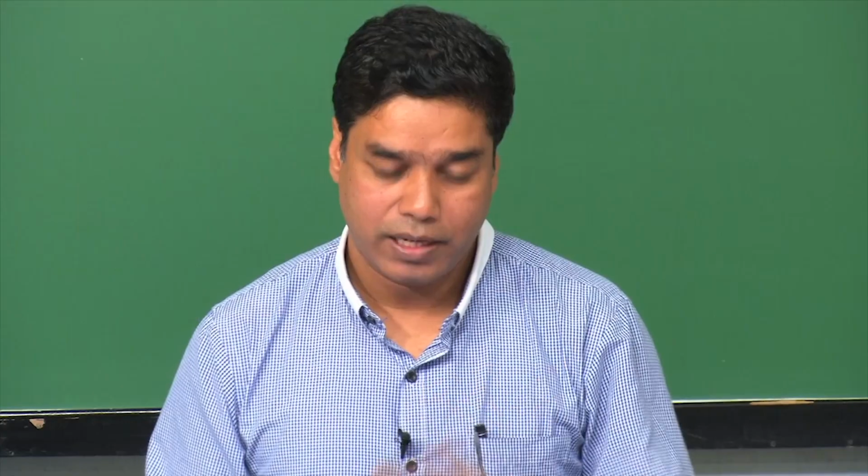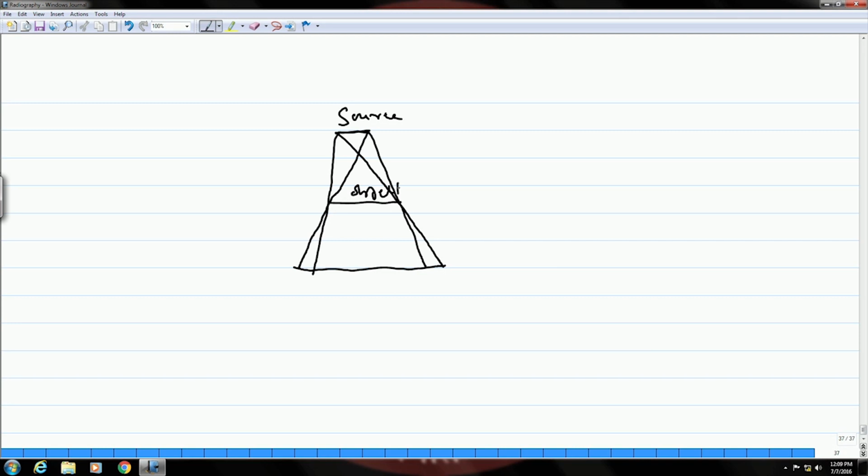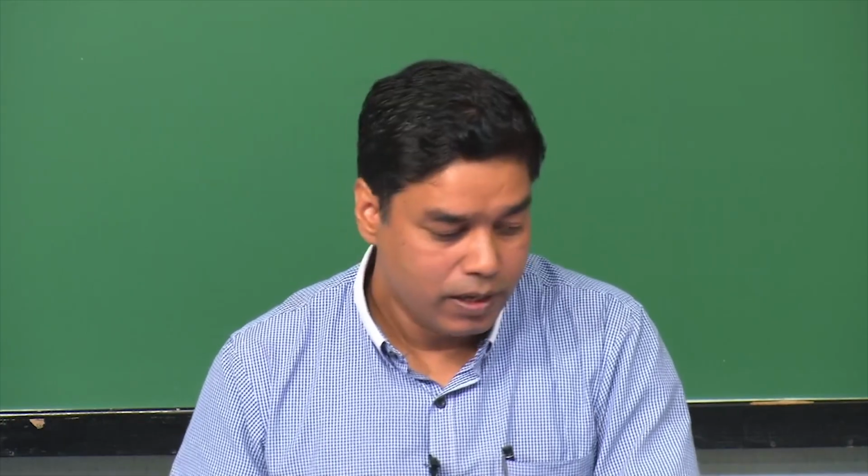If you want to magnify the image, then you have to increase the distance between the object and the film, and as you could see from here, if you increase this distance, then this unsharpness is also going to increase.